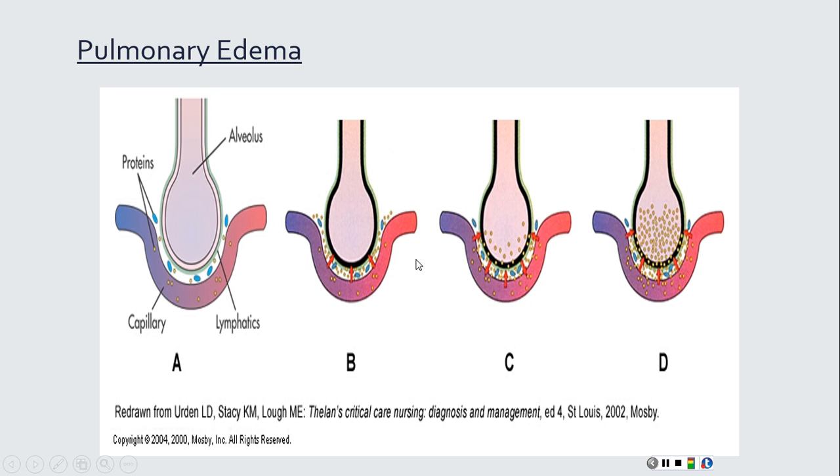Right now we don't have it in the alveoli, but it's moved out of the capillary, so we've got a problem forming here. C is when lymphatic flow increases in an attempt to pull fluid back into the vascular or lymphatic space. So the lymph nodes are trying to come in and fix the problem. Most of the time they are not going to be able to do it alone. And D is the result: failure of lymphatic flow and worsening of left heart failure result in further movement of fluid into the interstitial space and into the alveoli. That's when we've got the breathing problems that result.